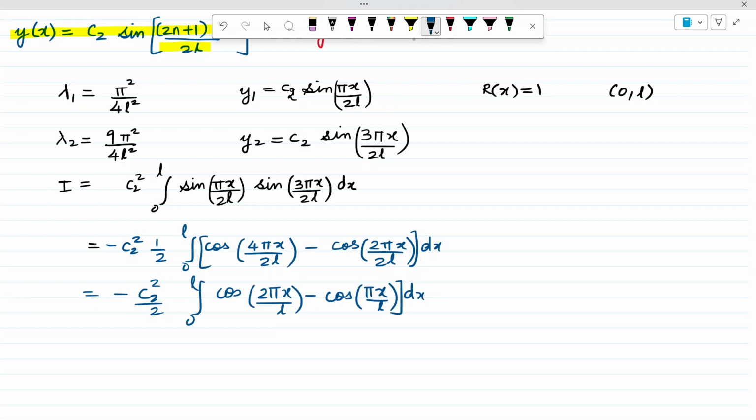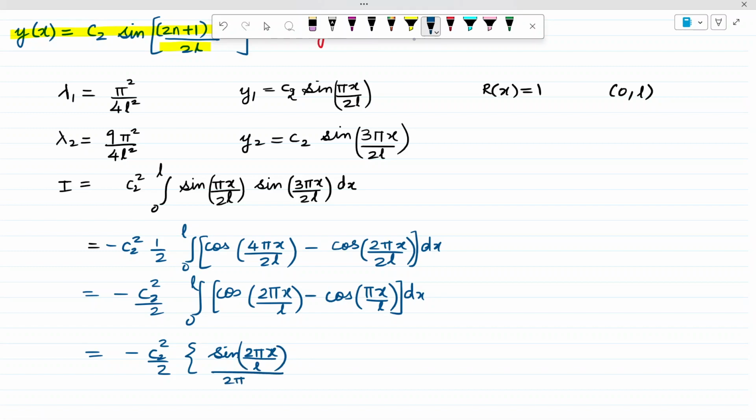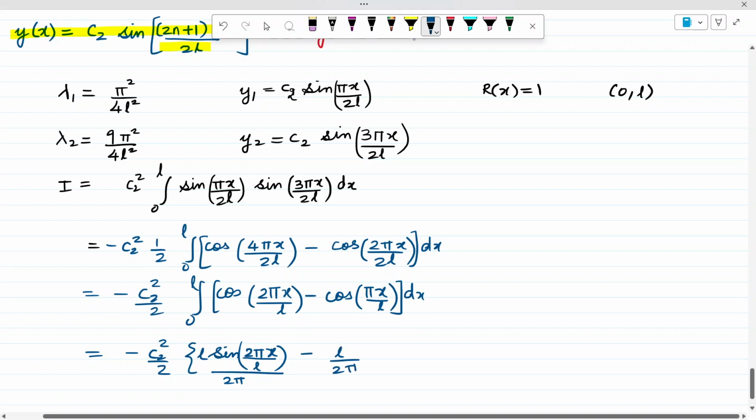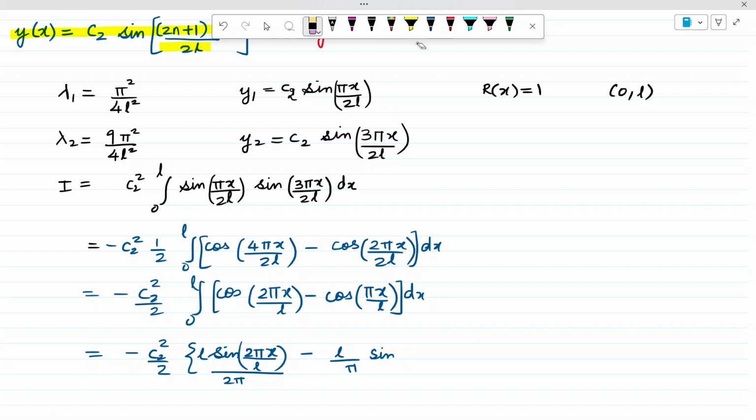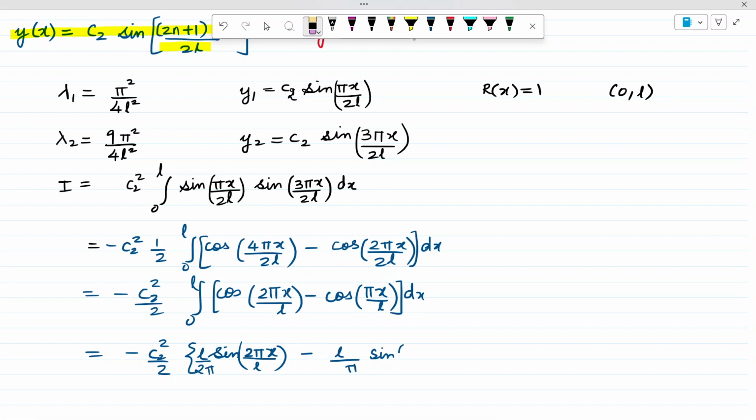When I integrate, the integral of cos is sine. So this is going to be sine 2 pi x by l, the entire thing divided by 2 pi by l, minus again, l by pi will come here, not 2 pi, sine pi x by l.